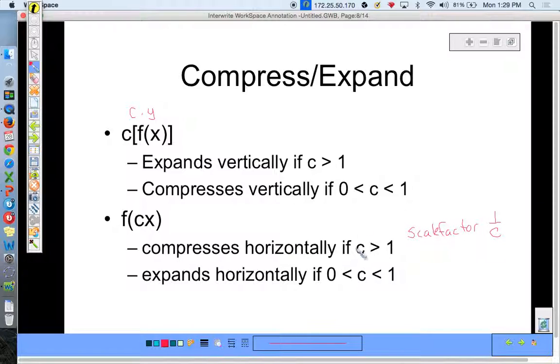So horizontally, if c is greater than 1, then we're multiplying by 1 over c, that fraction that's smaller than 1, so it compresses. But if it is in between 0 and 1, it's going to be expanded. For example, if you had f of 1/2 x, your scale factor is 1 over 1/2, which is 2. So it ends up being a horizontal expansion.